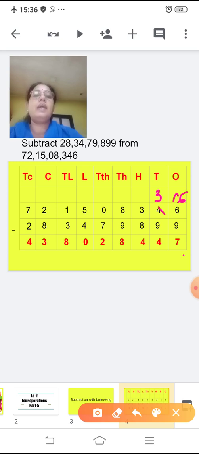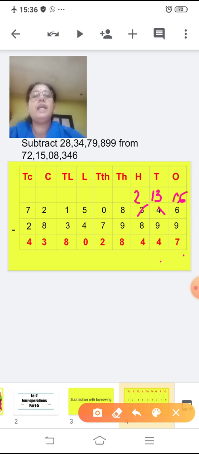Again 9 cannot be subtracted from 3, so you will borrow from the hundreds place. The number in the hundreds place is 3. When you borrow, the number will become 2, and here the number will become 13. Now 13 minus 9 is 4.